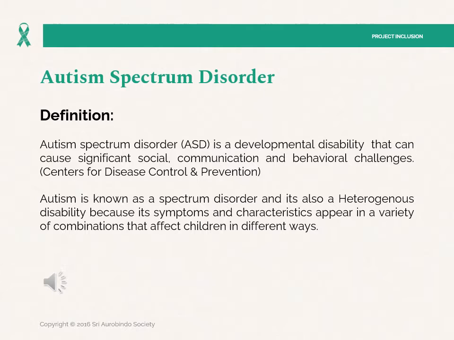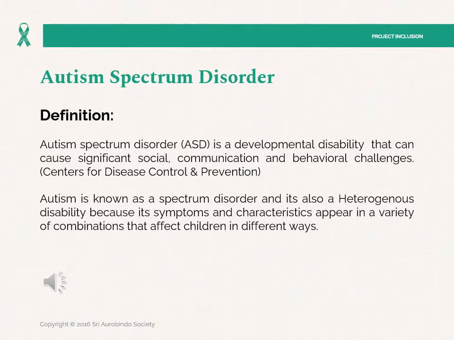So, why is this word developmental used? This means that the symptoms of ASD can be present since the very early years of life, and also it's a neurodevelopmental condition which majorly affects three areas of the child: social, communication, and behavior.